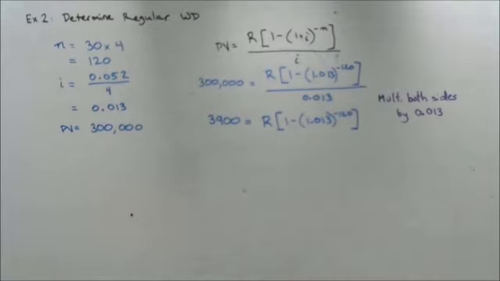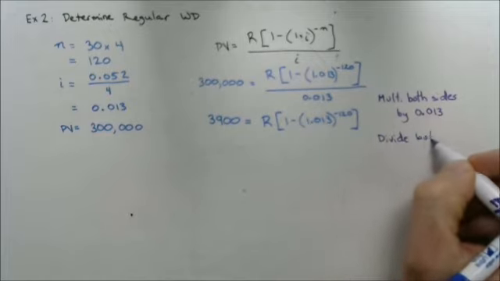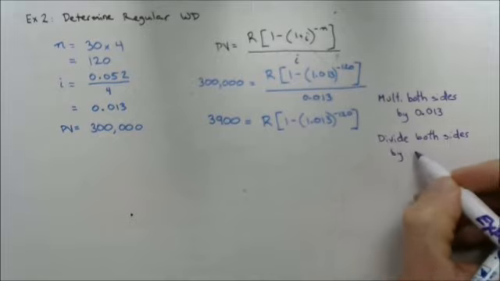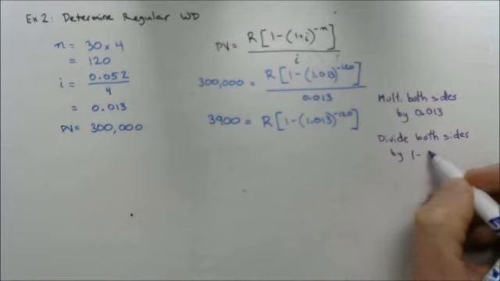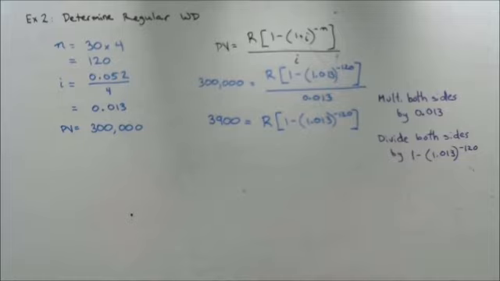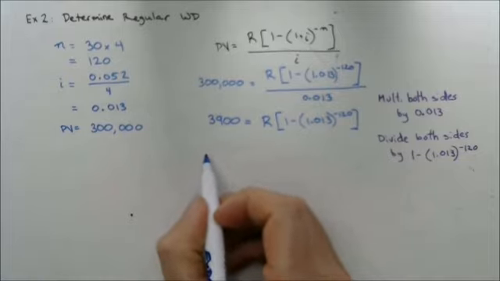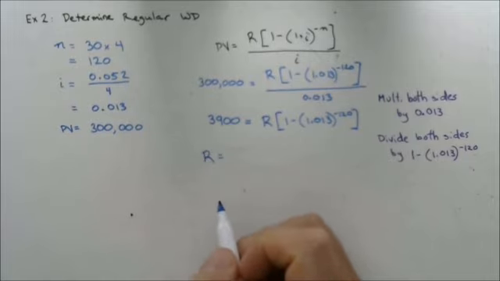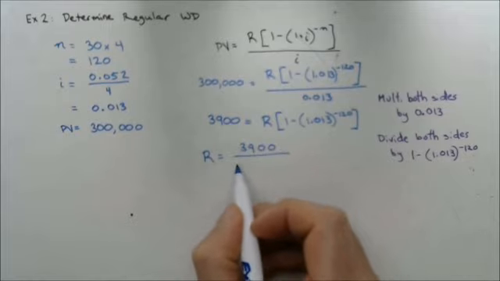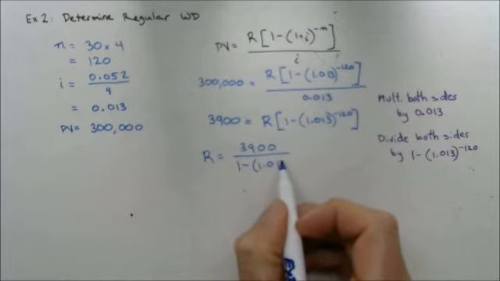Step 2, we're going to divide both sides by this awkward bracket, 1 minus 1.013 to the power of negative 120, which leaves us on the right side, swapping sides, with just R. And on the left side, we have 3,900 over that messy bracket.